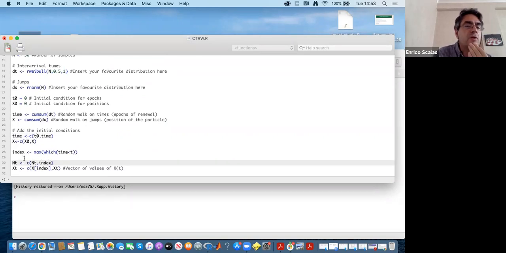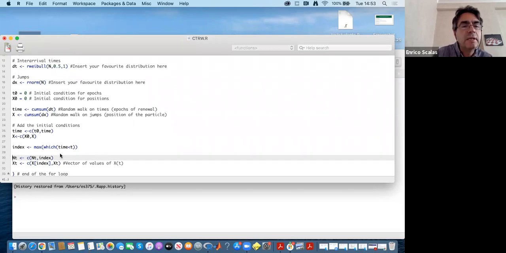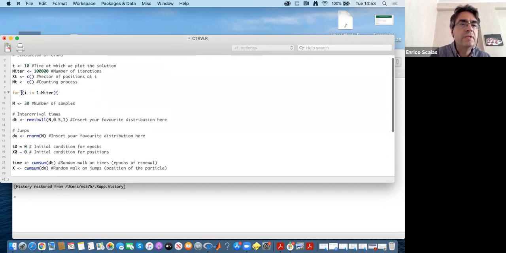It is computed here. Well, no, this is not really active. So I think I can safely comment this. And then here I am putting in the vector xt. So I could also comment this here.